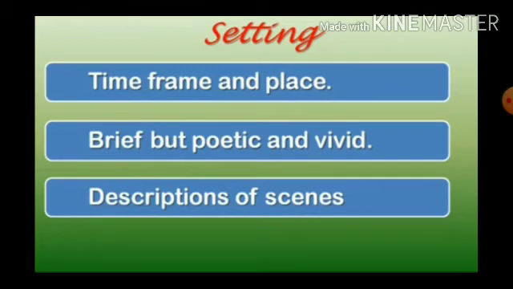The setting is the time frame and the place of a story. The setting should be brief, but should be poetic and vivid. Vivid means descriptive, and you should have a clear-cut description of the different scenes that you are using as a setting of your story.